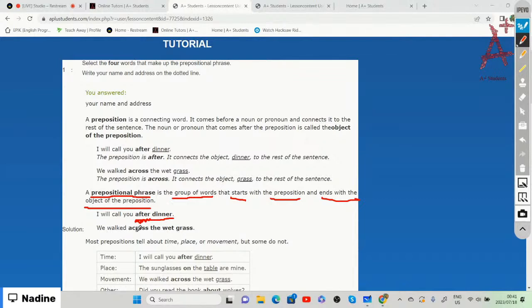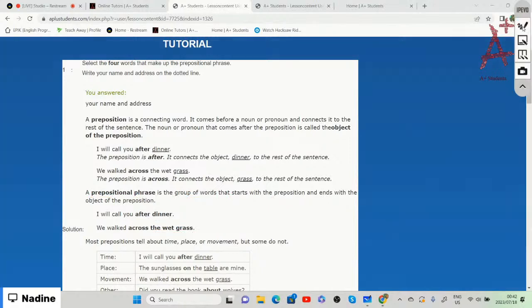We start with the preposition, which is across, and it ends with the object. Then we need to write this whole phrase, which is across the wet grass, because grass is the object of the preposition.